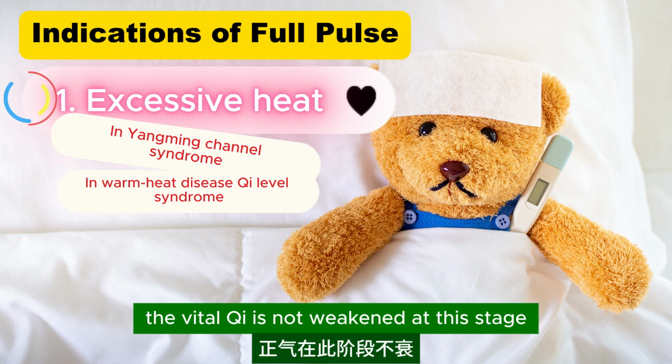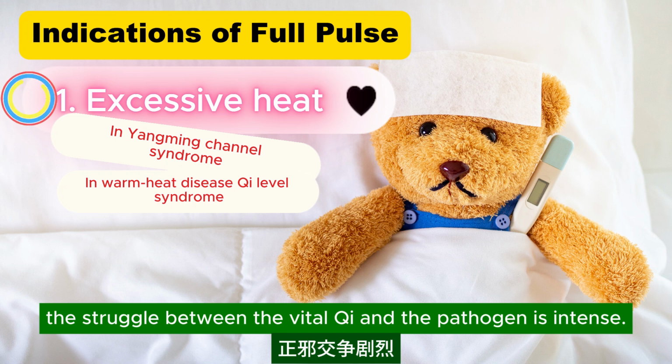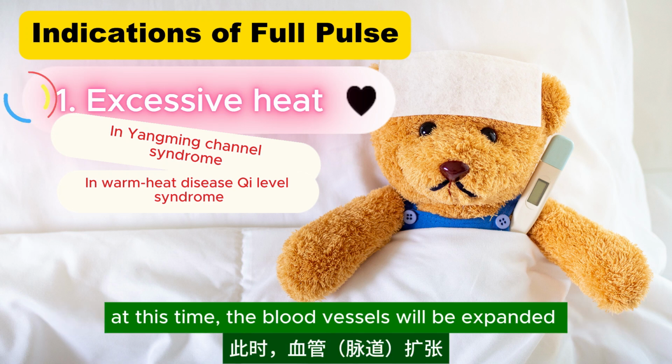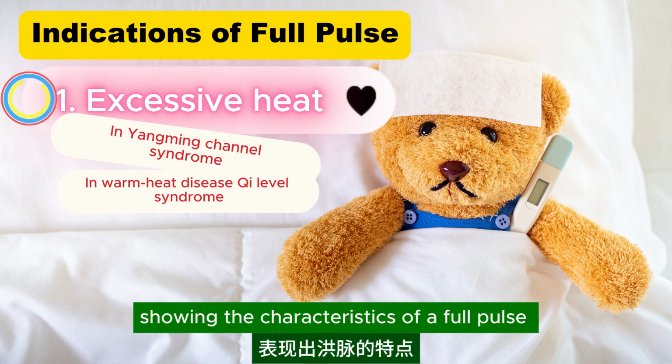The vital qi is not weakened at this stage, and it rises to fight against the pathogenic qi. The struggle between the vital qi and the pathogen is intense. At this time, the blood vessels will be expanded, the qi will be strong, and the blood will surge, showing the characteristics of a full pulse.